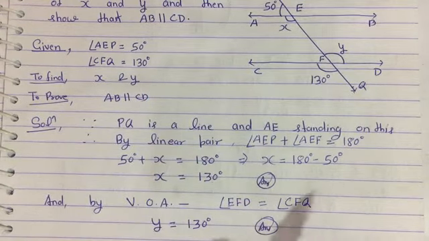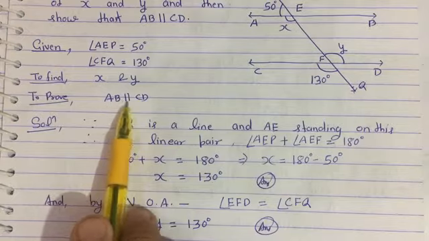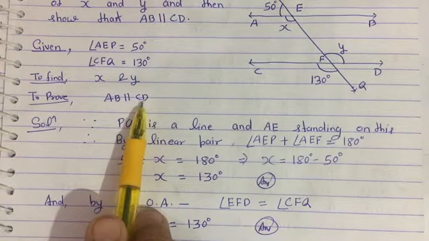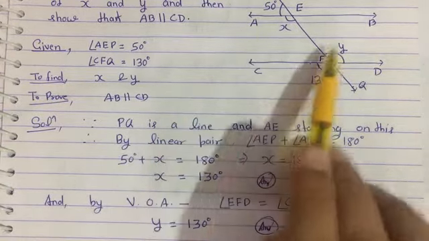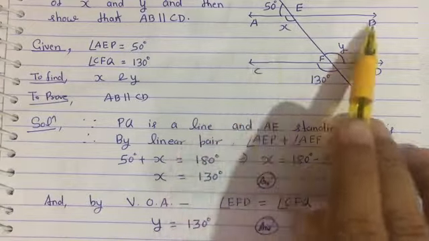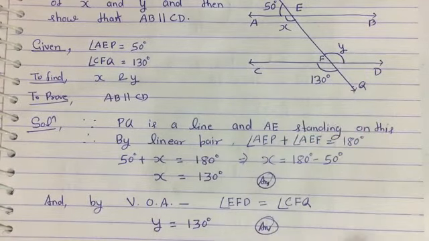Now we have to prove AB parallel to CD. This thing is not given in the question. You have to prove this thing, AB parallel to what? CD. For proving AB parallel to CD, you have to use the concept of maybe corresponding angles, because I am just revising for you that if corresponding angles are equal, then lines are parallel.